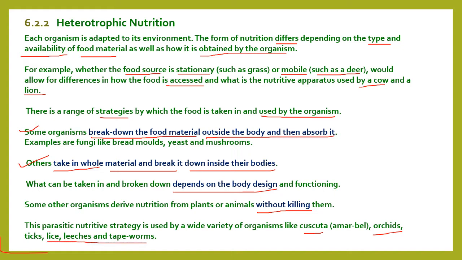These are the animals that get their nutrition from other animals, but they do not kill them. They do not kill other organisms and take their nutrition from them. So now you see that all the organisms do not follow the same method of taking in the food or digesting the food. There are different methods.